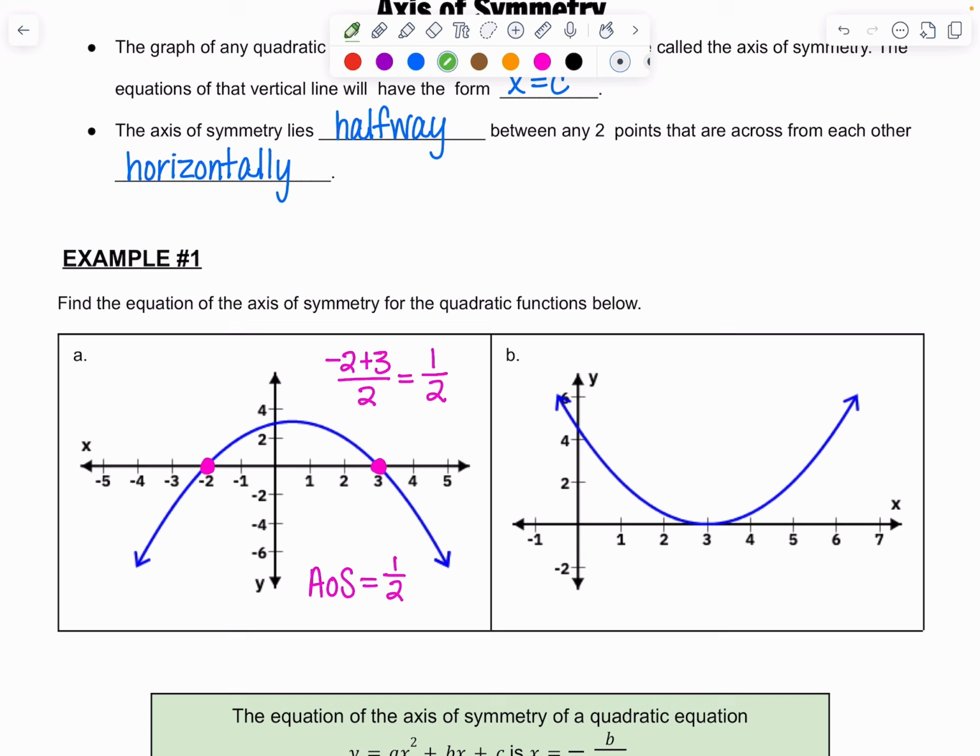And if I were to draw that, that line would lie directly in the middle, somewhere like this. All right, so that will be the axis of symmetry. And as you can see, when we draw it, it is dividing that parabola into two equal pieces. So that is our axis of symmetry here.